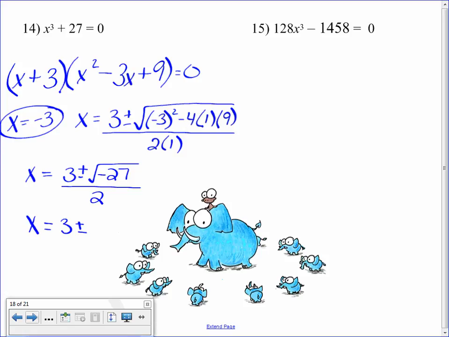You could check the discriminant here, but since your discriminant is a negative, you know that it doesn't factor. I can guarantee you it will never factor. Ever. 3i radical 3 is correct, all over 2. And that's as far as I can go.